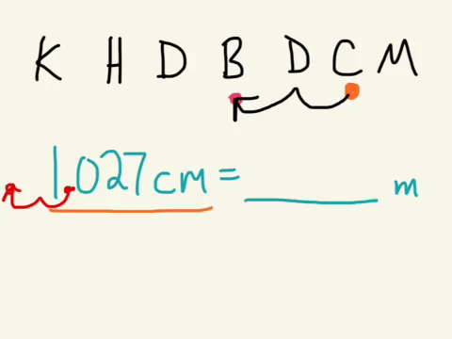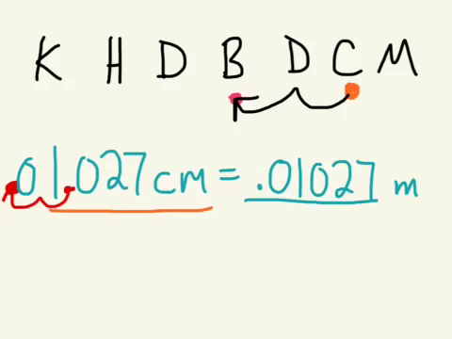And this would be the location of my new decimal point. I'm going to fill it in with a 0. Let me get the right pen color. I'm going to fill it in with a 0. And so my new number in meters, because I've converted it, is 0.01027.